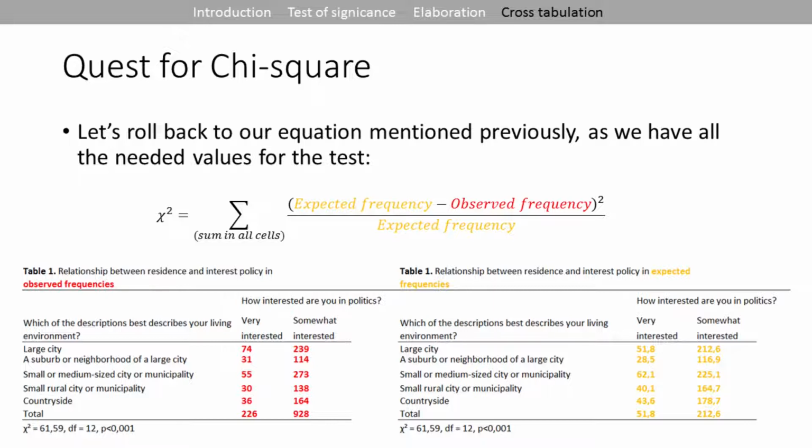So now we are using these yellow ones, which are determined under the null hypothesis case, where there is no variation between the groups, and the observed are the reality in our data. So we are inputting those numbers into that formula, and we are going to get one hell of an equation there.